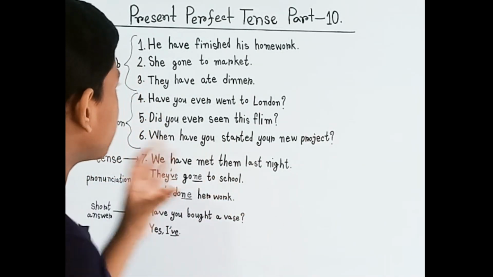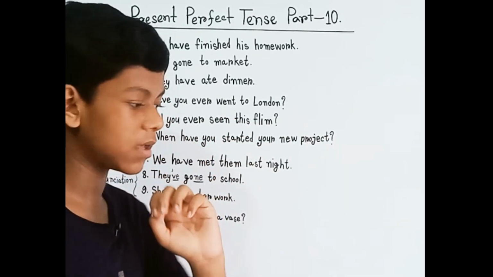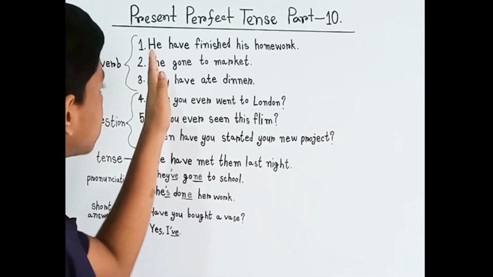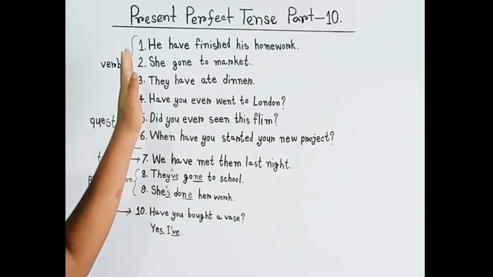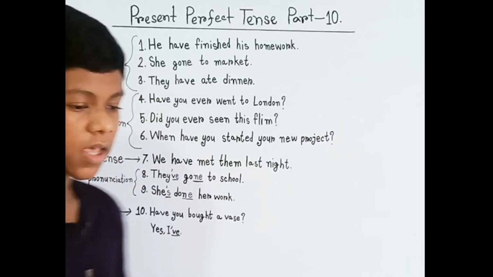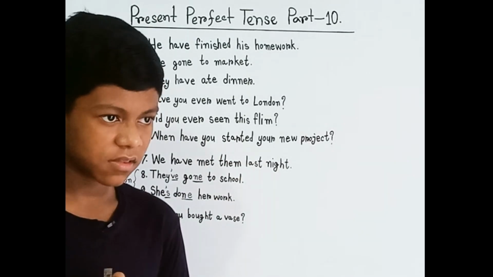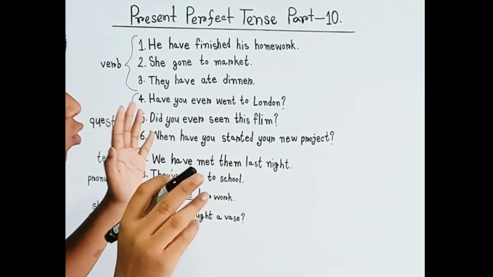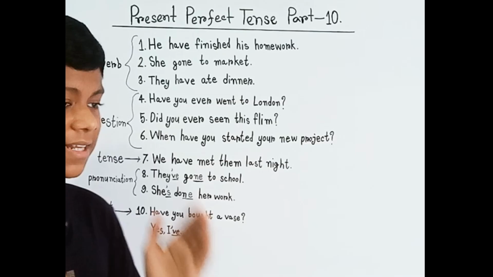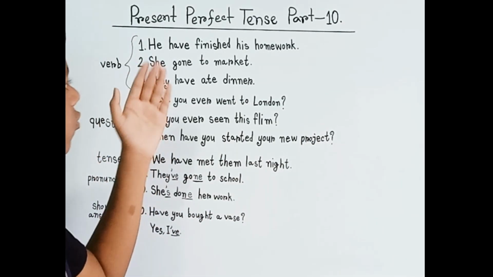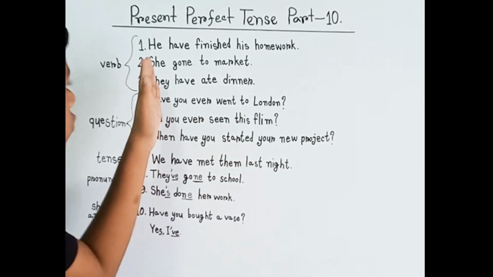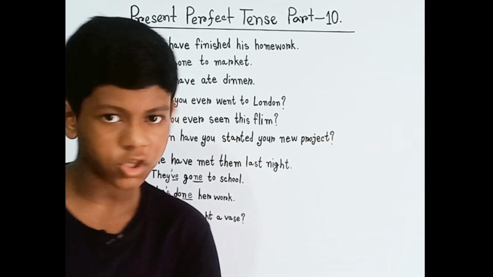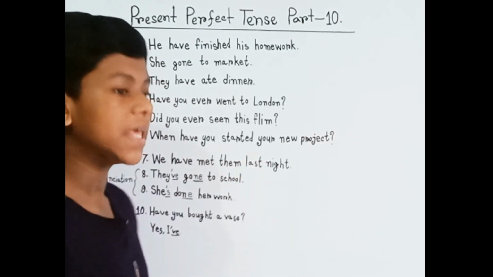Sometimes present perfect tense mistakes are made with verbs. For example, sometimes our helping verb is wrong. He have finished his homework. In this sentence, we have used have, but I have told you multiple times in which situation have is used.